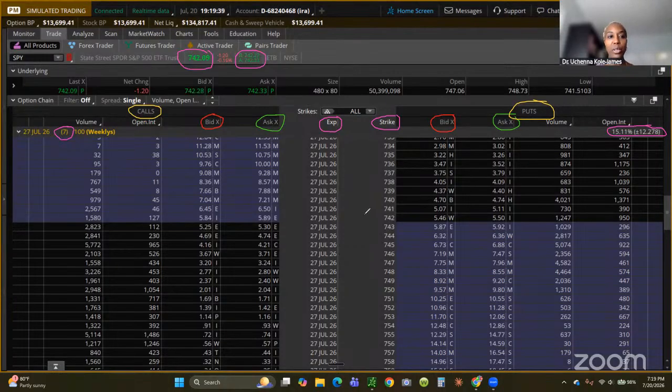Which option am I going to choose? Okay. So I only have $1,000 to spend on this option. That's another thing. I have to take into account how much money I actually have in my account to trade. Because the more your option gets in the money, remember the shaded side is in the money. That means it has intrinsic value. If it's out of the money, it has no intrinsic value.